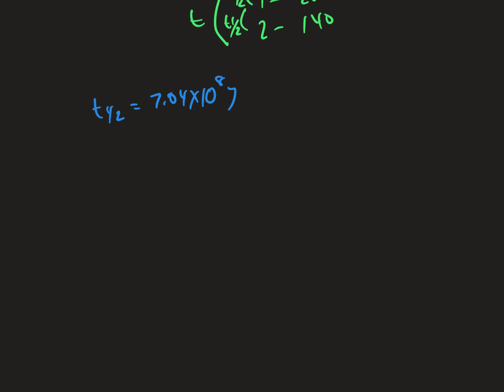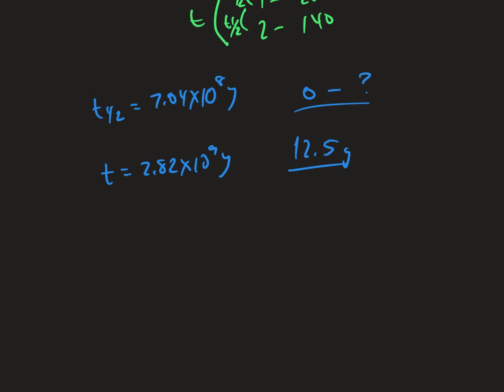And it says 12.5 grams remains after a total time of 2.82 times 10 to the 9 years. How much radioisotope do we start with? So this is our ending value, and we want to know what we start with.